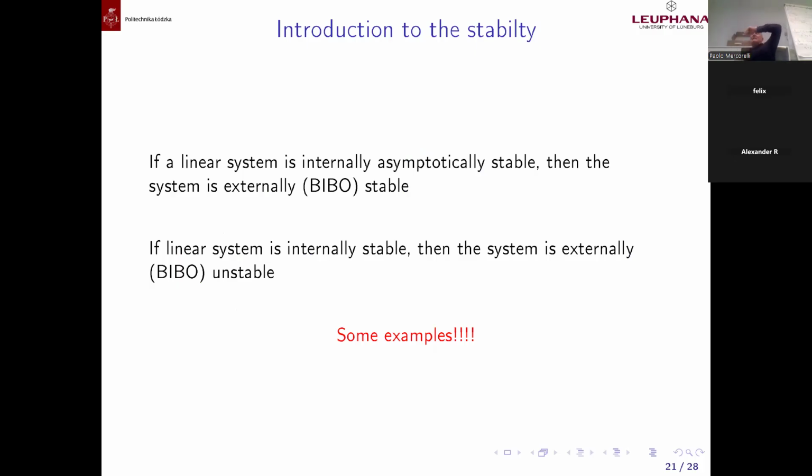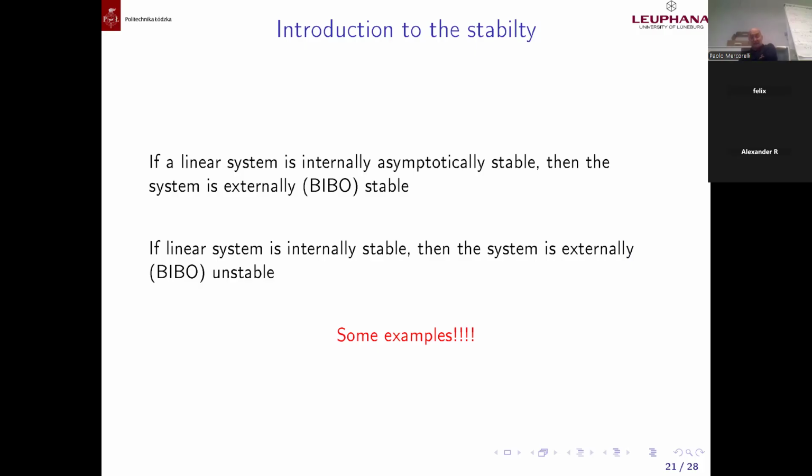Because the system is structurally stable, because the real part of sigma is negative, which brings the modes, the dynamics, to limited values, even if we have an input, but of course the input must be limited. This is clear. We can also do some mathematical analysis, but intuitively it's quite clear.